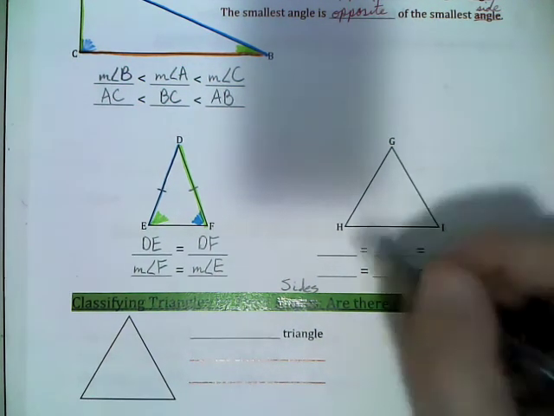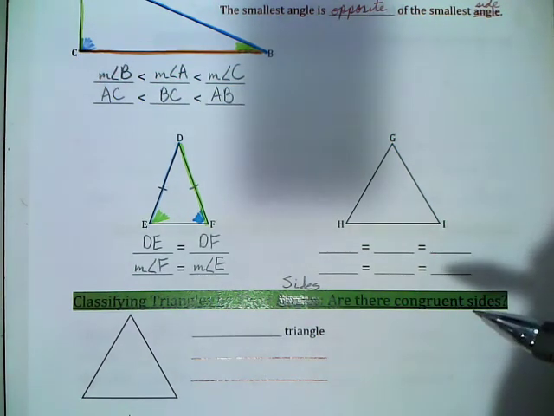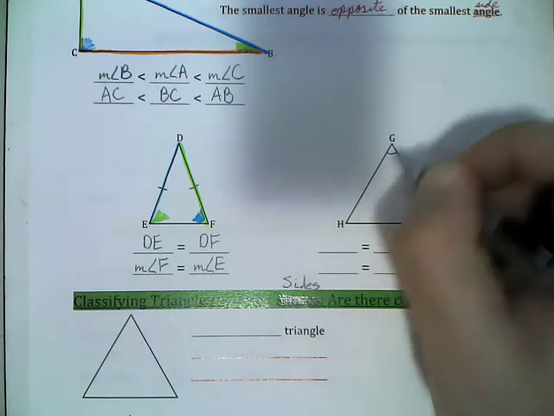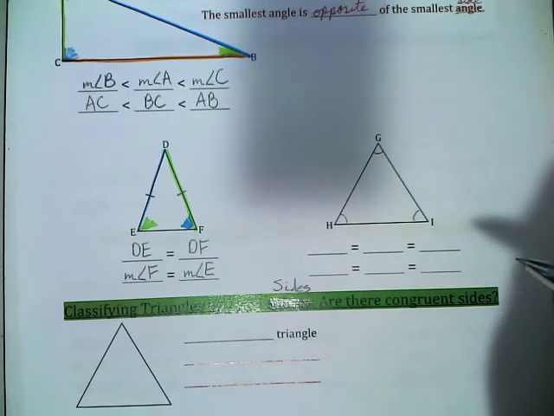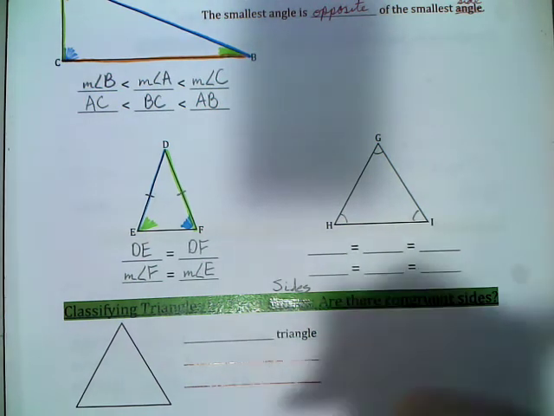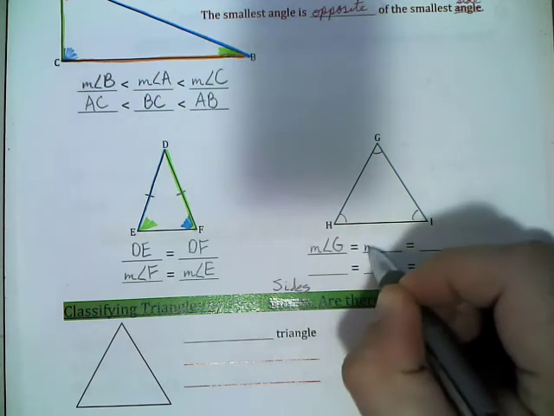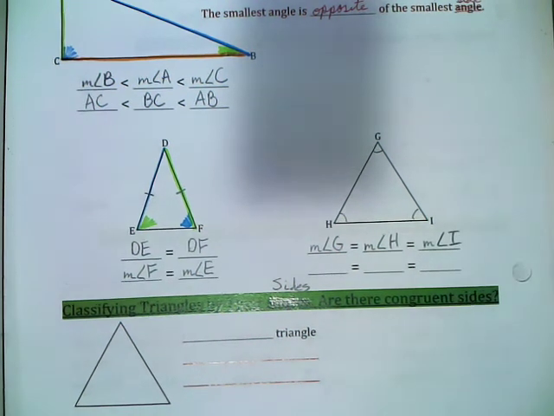And then finally, if we come over here, we see this equiangular triangle again. So I'm going to go ahead and put in my arcs like I did before. And so if these three angles are equal, we can go backwards. So we know that the measure of angle G equals the measure of angle H equals the measure of angle I. Then their opposite sides must be equal in measure as well.